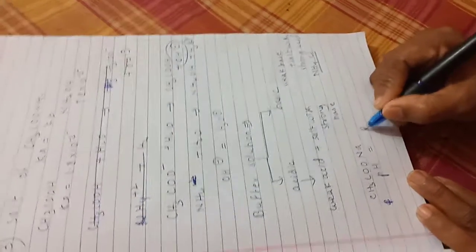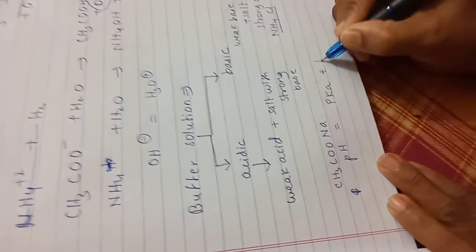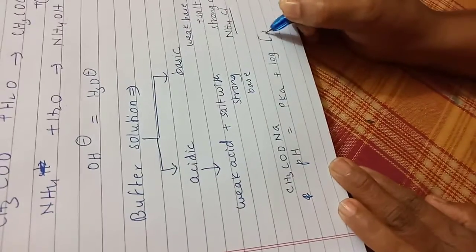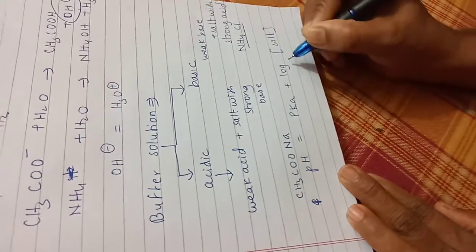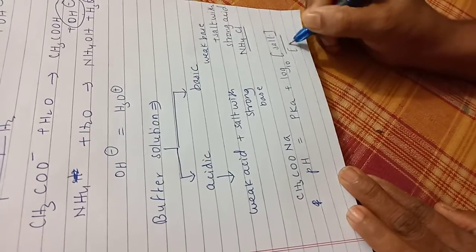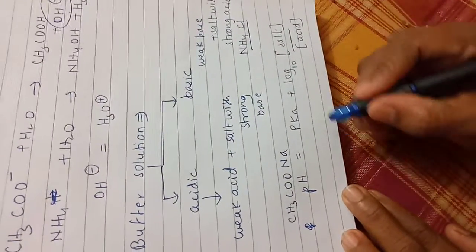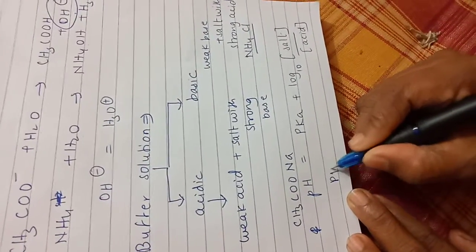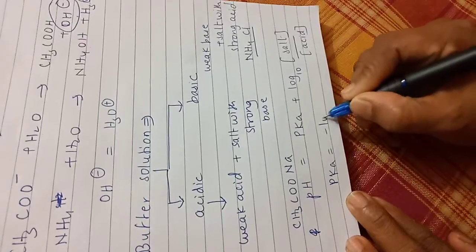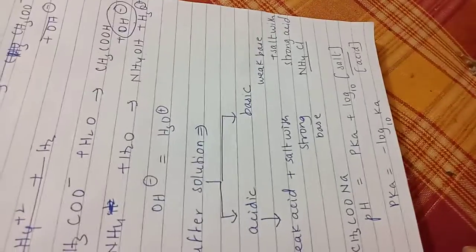For acidic buffer solution we write pH is equal to pKa plus log to the base 10 of concentration of salt to the concentration of acid. That is for pH. What is pKa? It is negative logarithm to the base 10 of dissociation constant, and that is Ka. ठीक है?